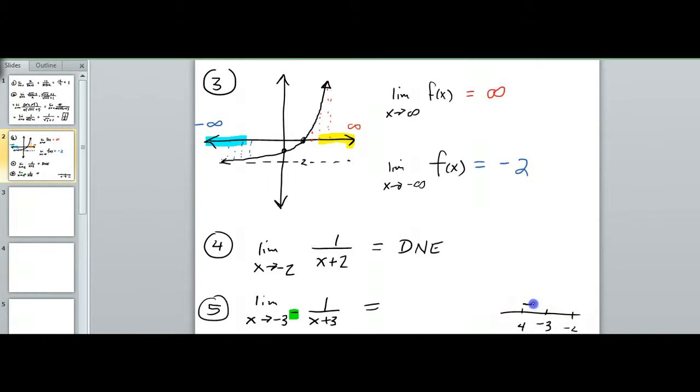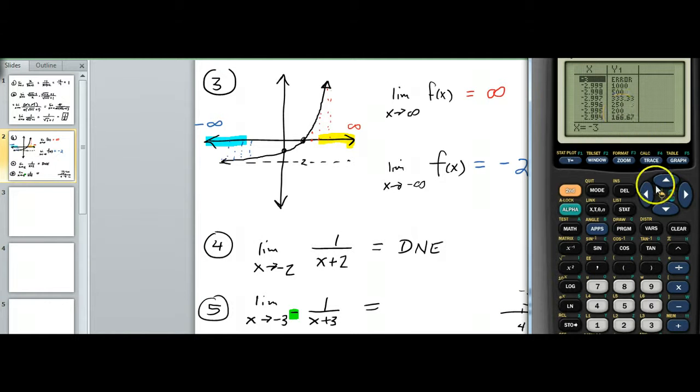If we're approaching from the left, then we're talking about numbers like negative 3.1, negative 3.01, that kind of thing. So we need to be on this side of the table.